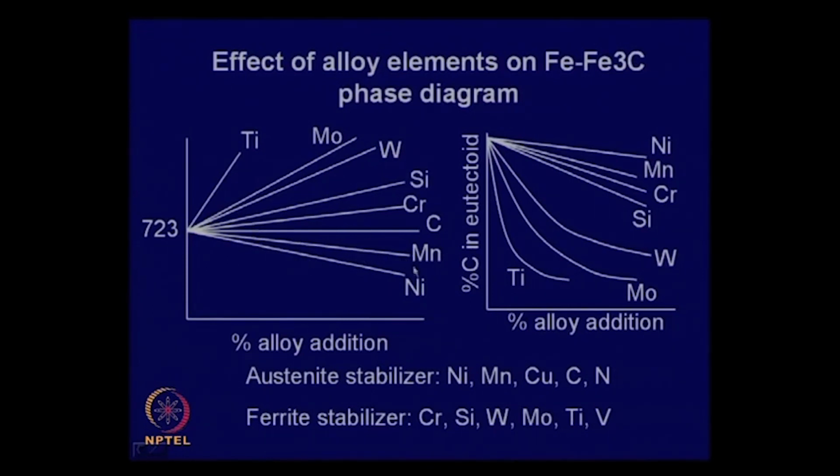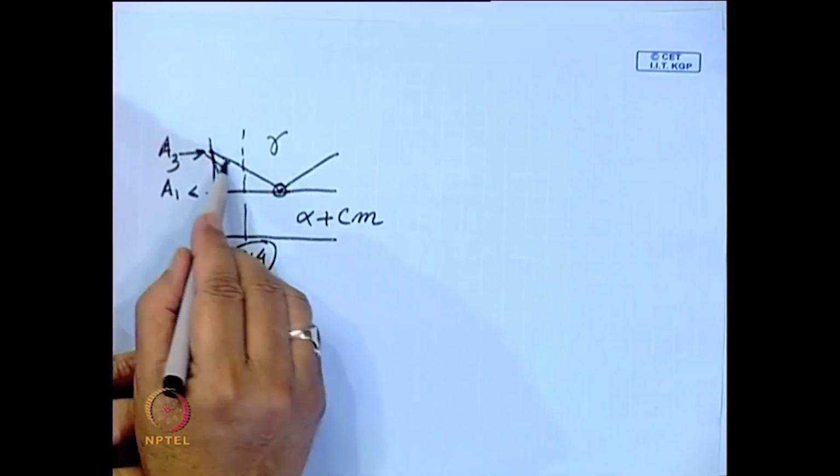So, these are called austenite stabilizer. These are the elements which try to bring down the temperature range in which austenite is stable.